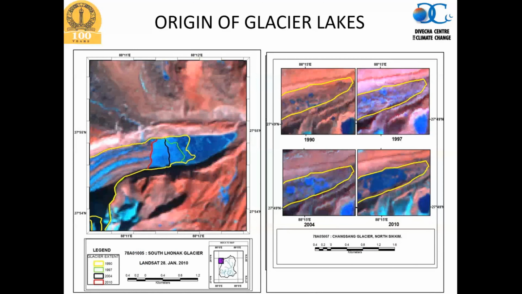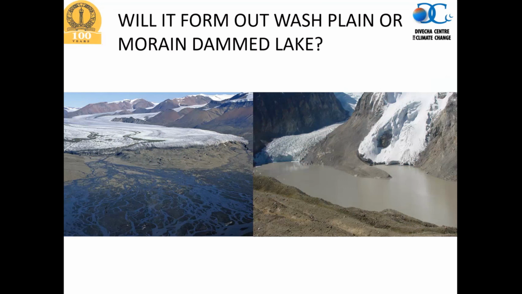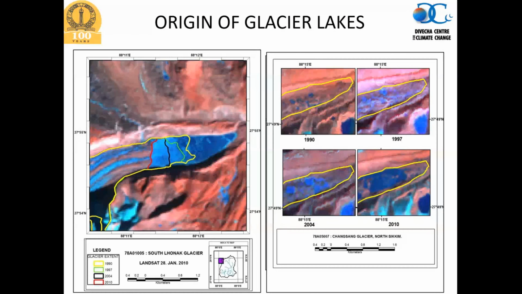First we need to understand what is the origin of these lakes. These lakes are caused by various reasons, in addition to the glacial process, but this is one of the important aspects of the origin of glacial lakes, where initially glaciers are excessively covered by debris, and the debris will lead to the formation of small ponds on the glaciers.